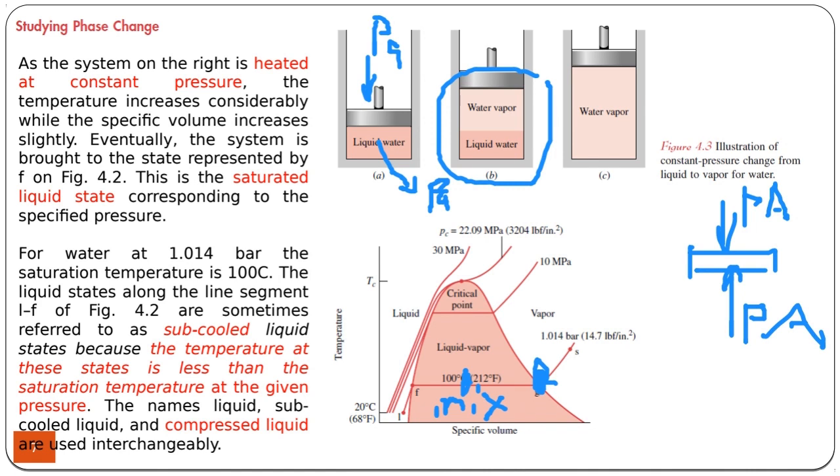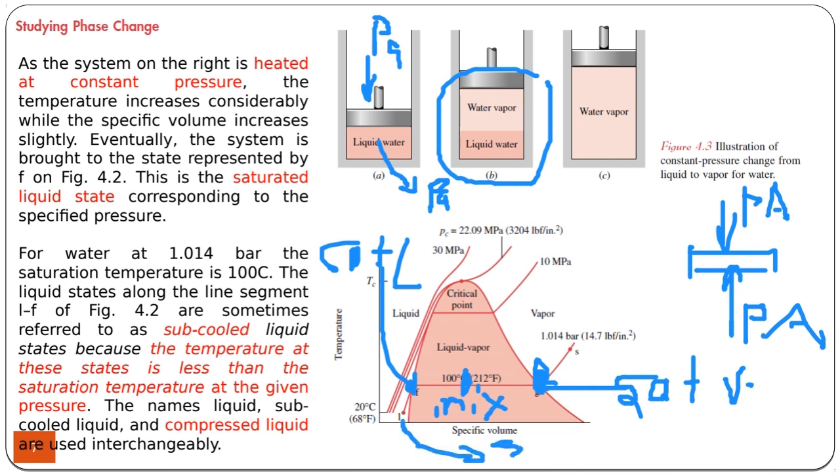So when all the liquid is converted to vapor, it's called saturated vapor. So you have at this point saturated vapor. At this point, saturated liquid. Inside you have mixture, outside you have subcooled or compressed liquid. It's called subcooled or compressed because its temperature is lower than the saturation temperature.